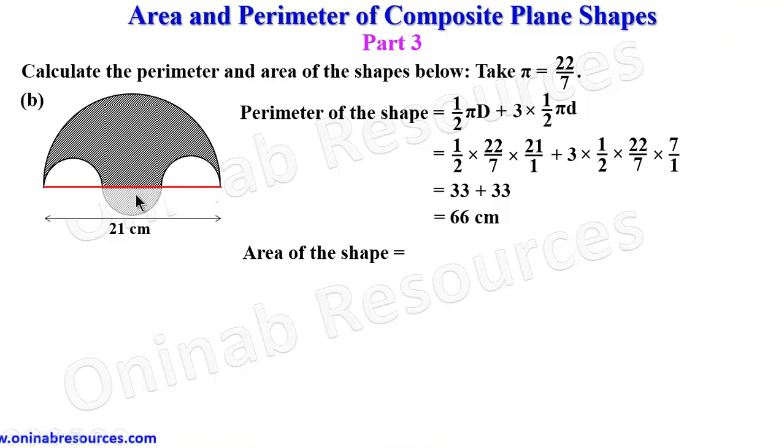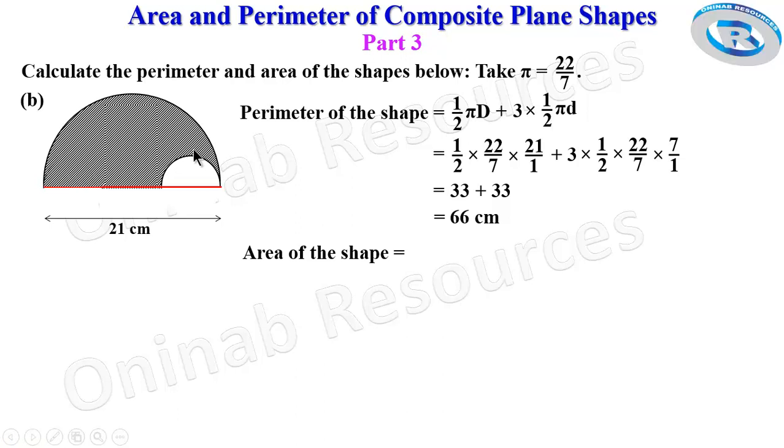So if we now remove this small semicircle and attach it to one of the removed semicircles, we discover that we are going to have the large semicircle minus the small semicircle, and that's going to give us half pi r squared, that is the large radius, minus half pi small r squared.